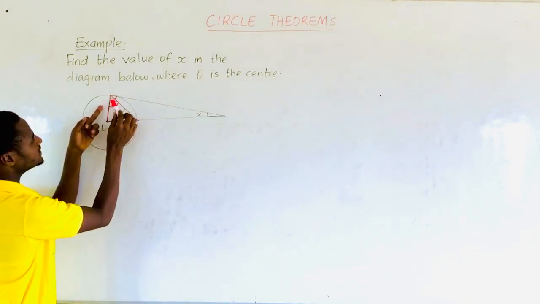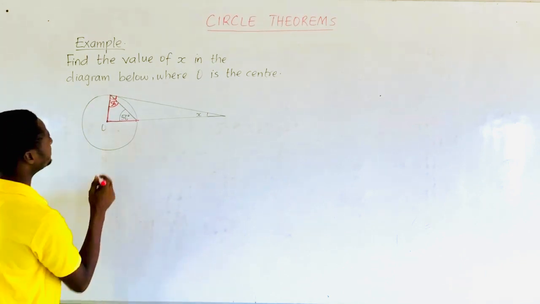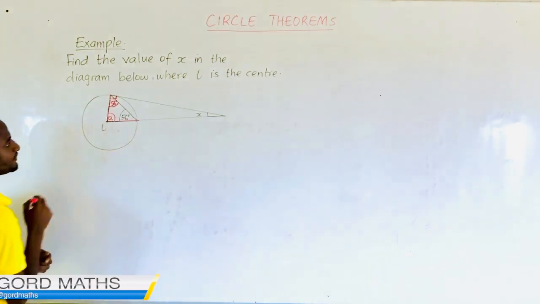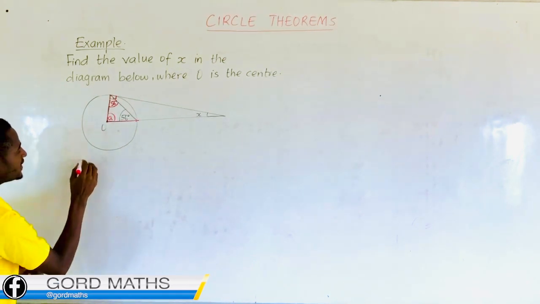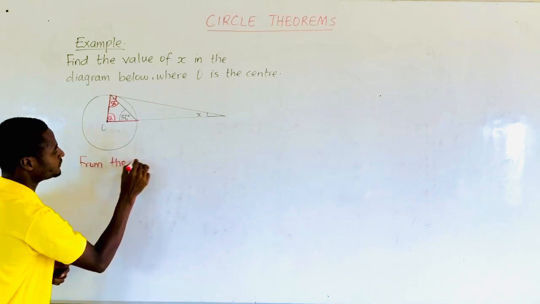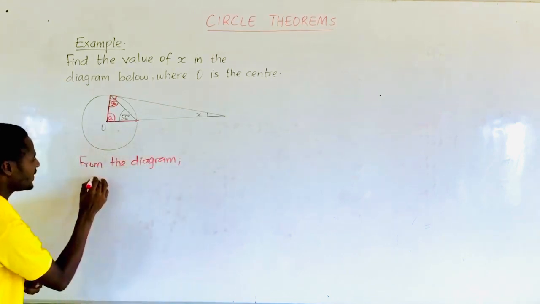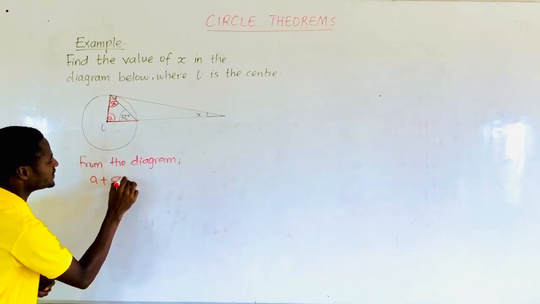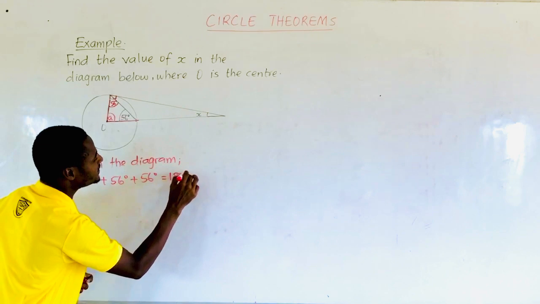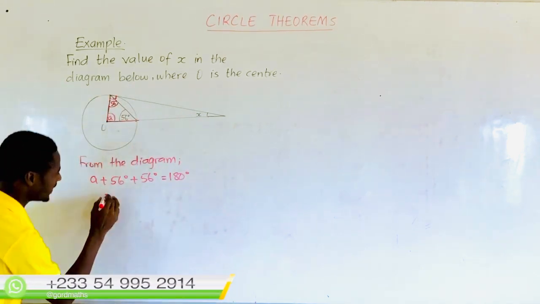Since we have 56 degrees and 56 degrees, let's represent this by A. Then we will say that from the diagram, A plus 56 is equal to 180 degrees, since they are angles inside a triangle.